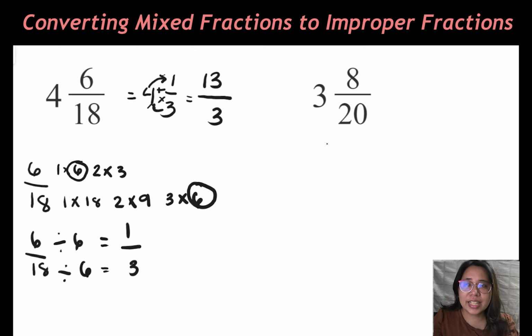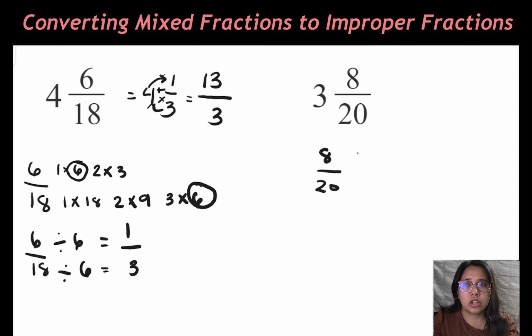Okay. Next example. So, we have 3 and 8 over 20. So, in this example, ulitin natin, kukunin natin yung GCF ng 8 and 20. Okay, so, i-convert muna natin siya sa kanyang lowest form. So, we have 8 over 20.